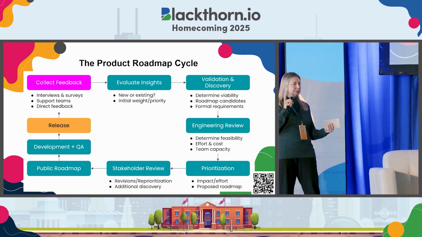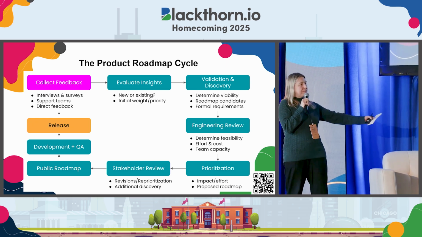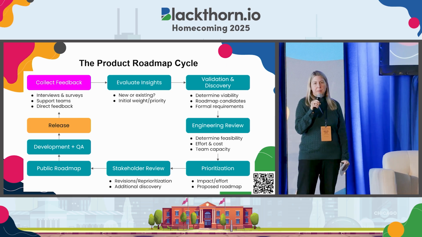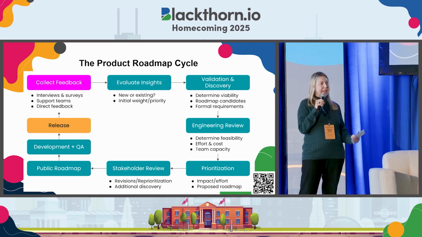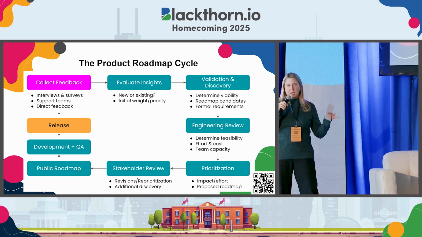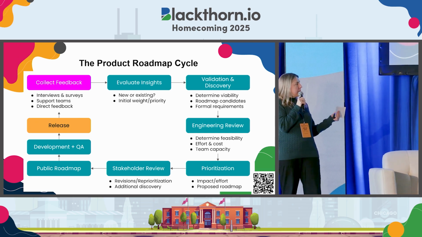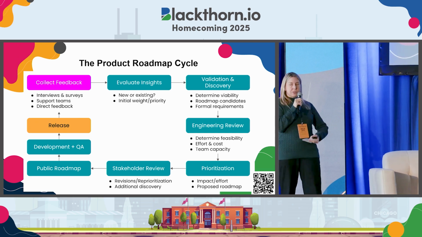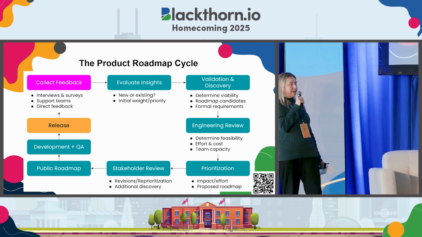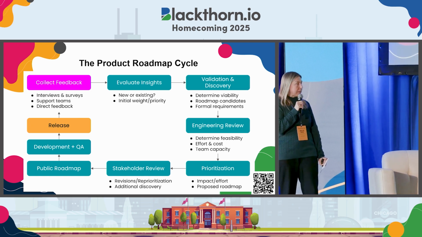Unfortunately, we don't have infinite engineering capacity, and so everything is a balancing act. We work with the engineering team, and they're the ones that help us figure out what can be done in the best order possible. We prioritize what's left based on impact and effort. It goes through additional reviews, and then it finally ends up on the public roadmap.